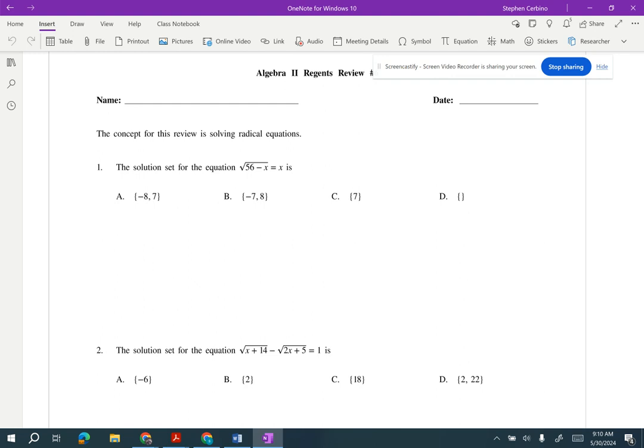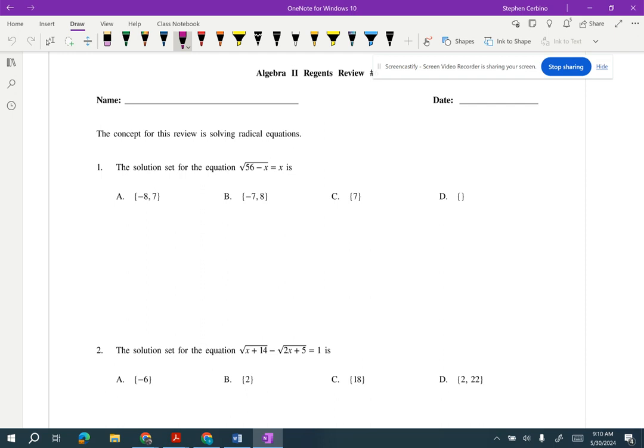So I'm going to separate this into two equations. We're going to say y equals the square root of 56 minus x, and we're going to say y equals x. And I want to see where these two graphs intersect.